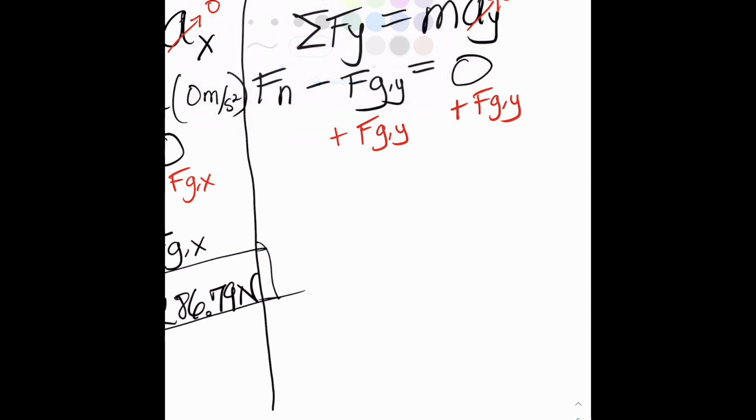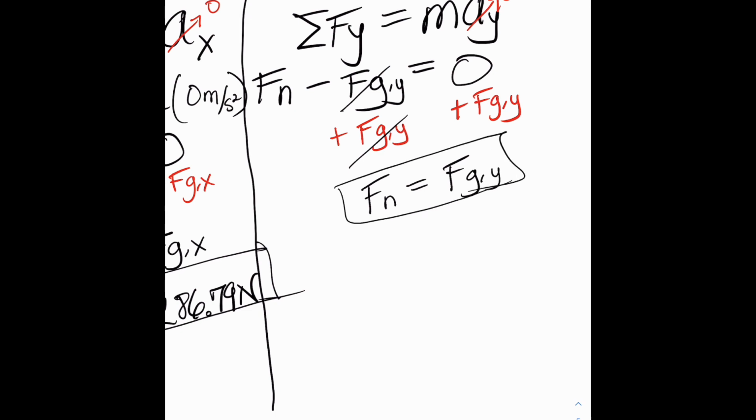We can go ahead and cancel right there and then rewrite. And we just proved Fn equals Fgy, which means that we can go ahead and go back up to the top, get the value for Fgy, and we'll know Fn.